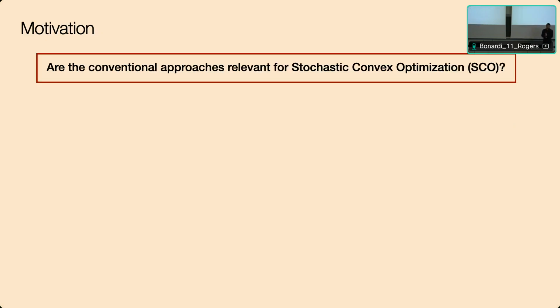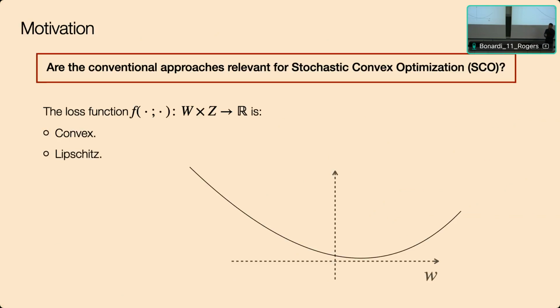So in this work, our motivation is to discuss the relevance of the approaches I showed before in the setting of stochastic convex optimization. There are two reasons why we consider this setting. One, this is a very fundamental setup where we can make rigorous statements, and the assumptions are minimal. The loss functions are assumed only to be bounded, convex, and Lipschitz.